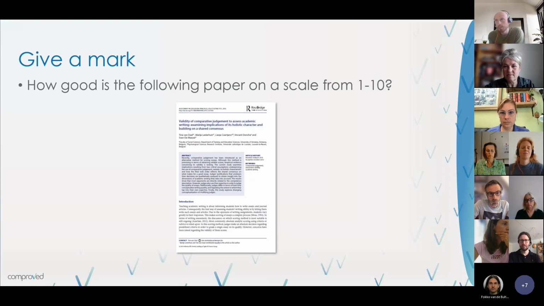How good is the following paper on a scale from 1 to 10? Normally you have to read the paper and then grade it. Most of the time people say, oh, this is difficult. What is the scale? Normally we use rubrics or criteria or something that we can rely on.